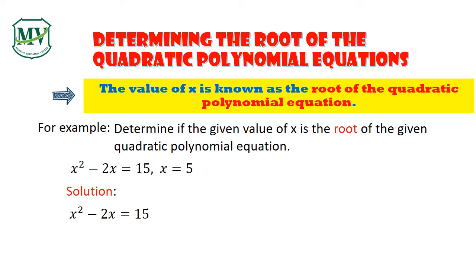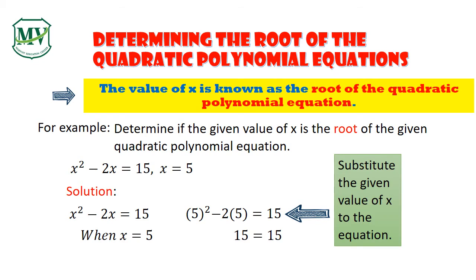So let's go to the solution. So we have the equation x squared minus 2x is equal to 15 when x is equal to 5. So what we do is we substitute the given value of x to the equation. So we substitute the value of 5 to x.